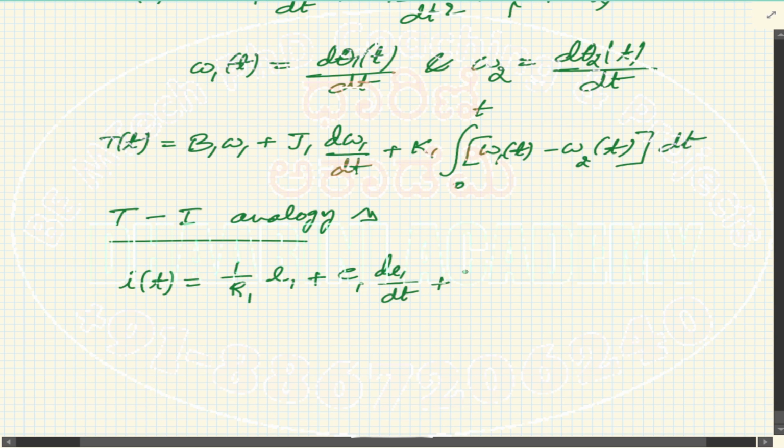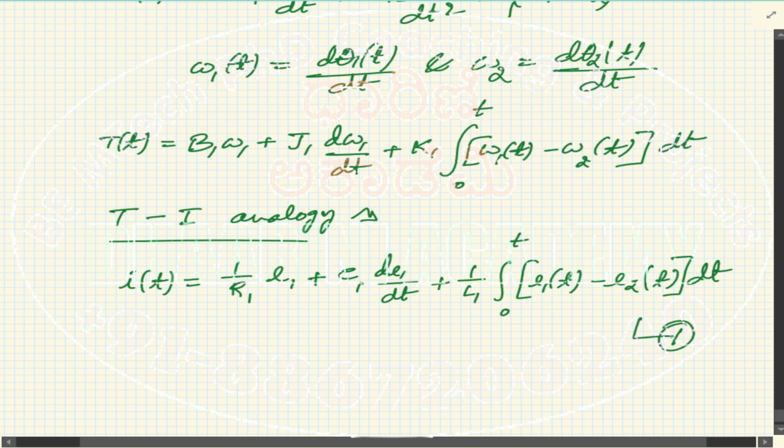K in force current, it is I... sorry, not I. K is 1 by L. So this is 1 by L1 integral 0 to t. Omega is E. So this is E1 of t minus E2 of t dt. So now we'll call this equation 1.